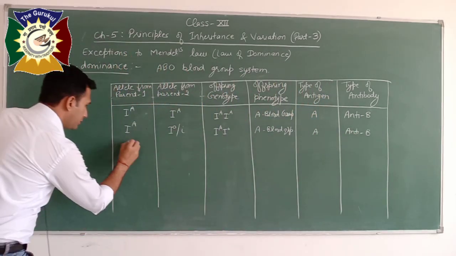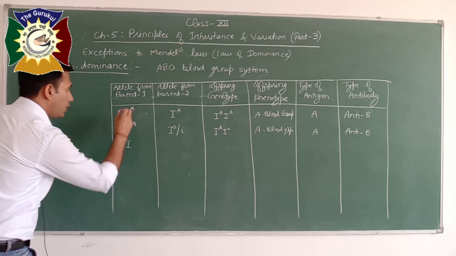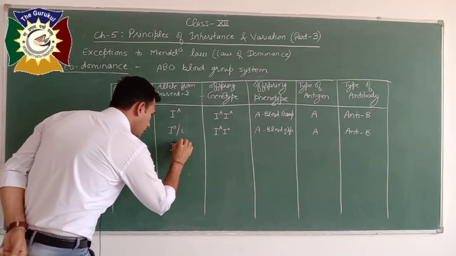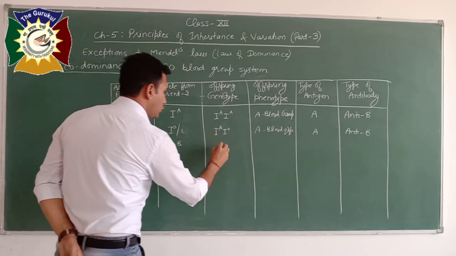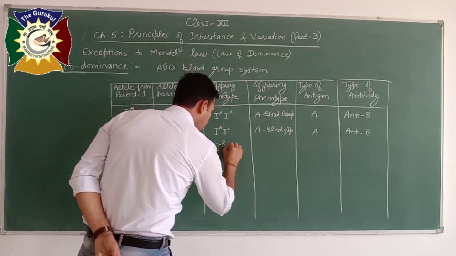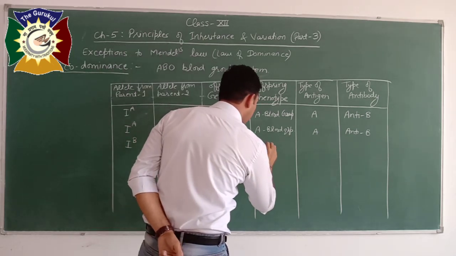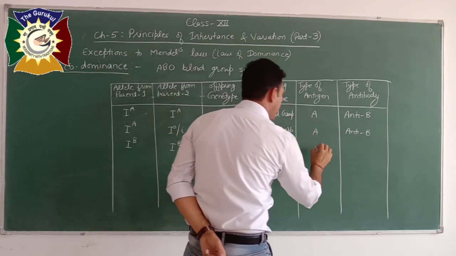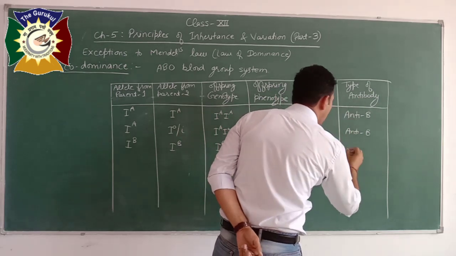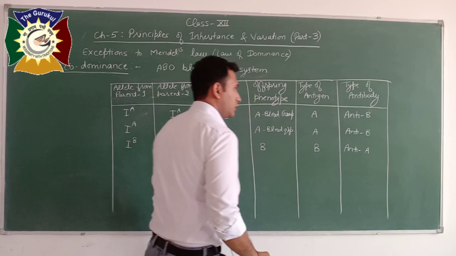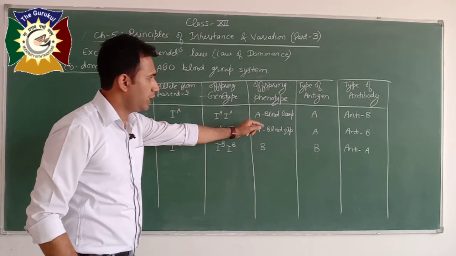Now third combination, if one parent gives IB and another parent also gives IB, then the genotype will be IB IB. The blood group will be B, type of antigen B, type of antibody anti-A. So this is just opposite to A blood group.